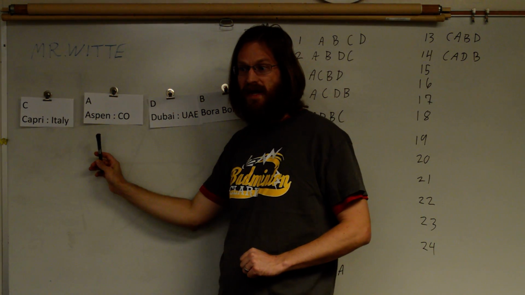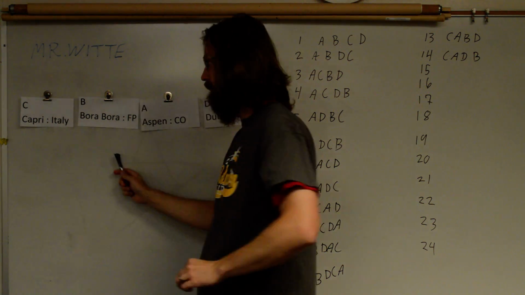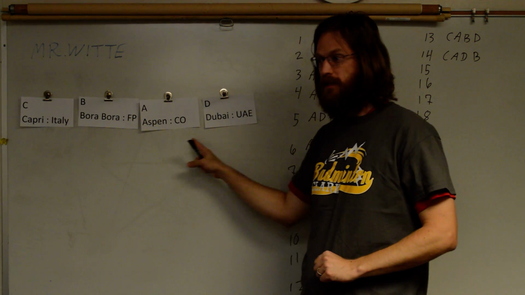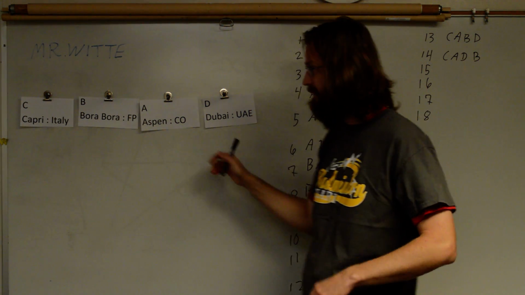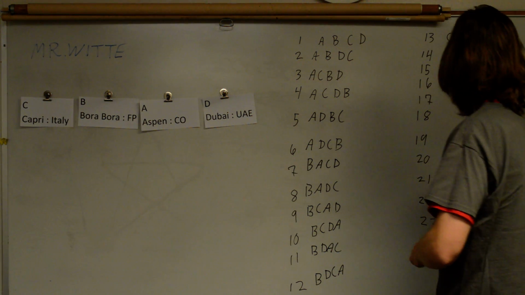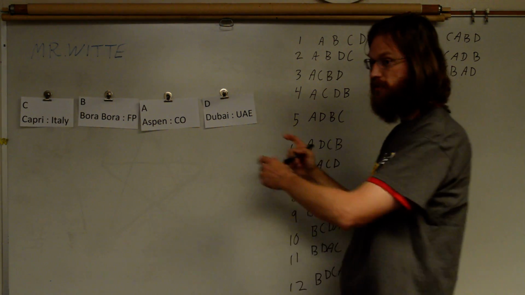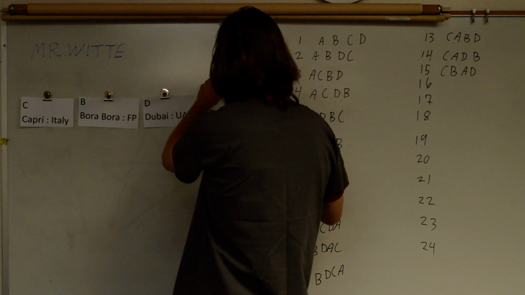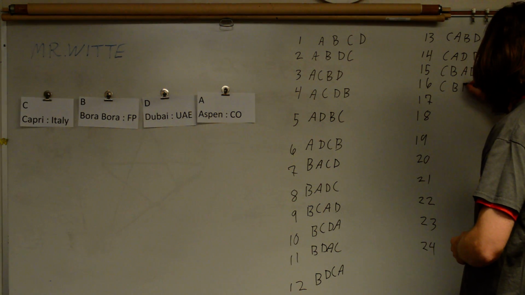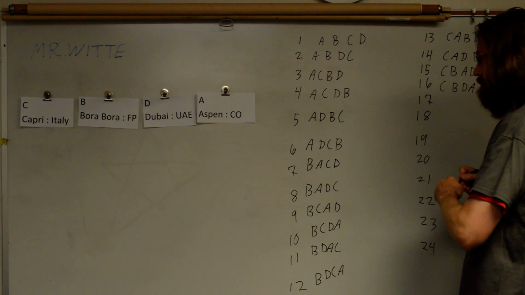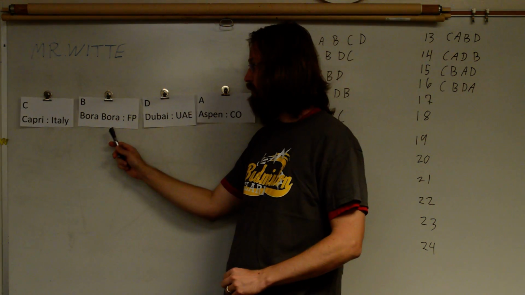That's as far as I can go with A in spot 2. So when I move something to a higher spot, go back to alphabetical order as much as possible. C, B, A, D. And then switch the last 2 around. C, B, D, A. Finally, I need to put D in spot 2.